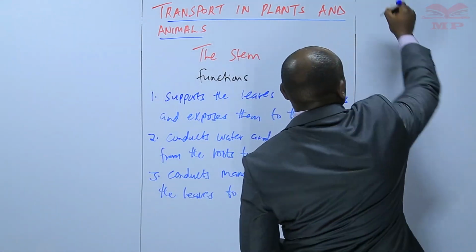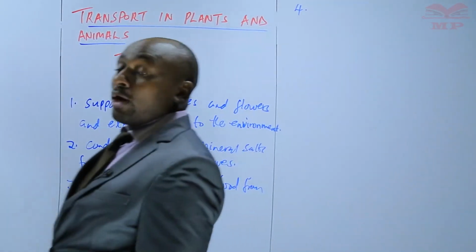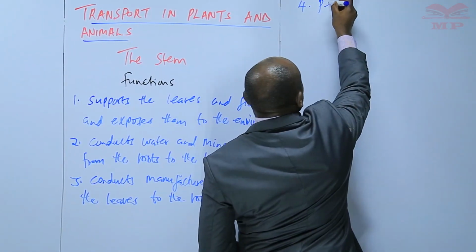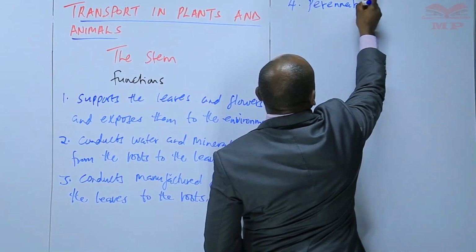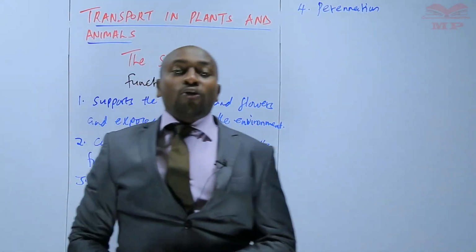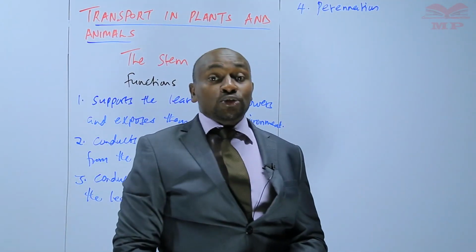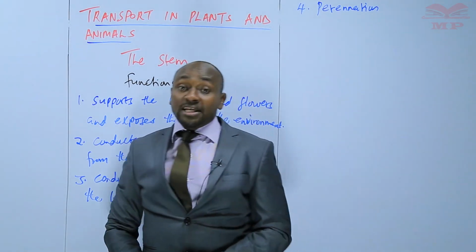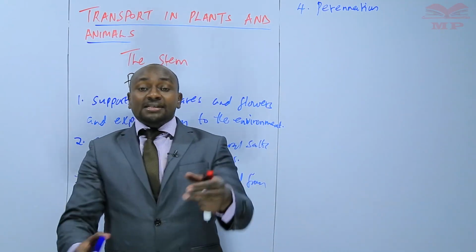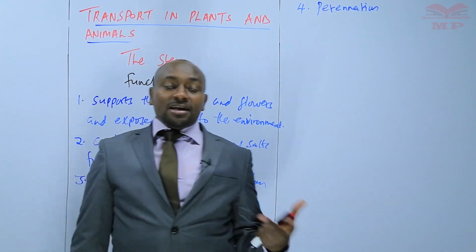We have more functions of the stem, and one of the other functions is something known as perennation. Perennation is the ability of plants to survive harsh environmental conditions throughout the year. So we have some plants which survive as underground stems, such as the rhizomes and so on.